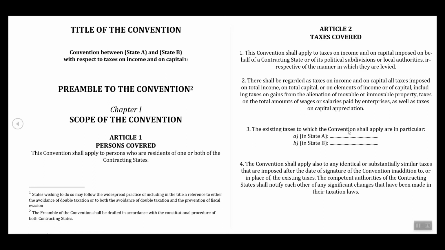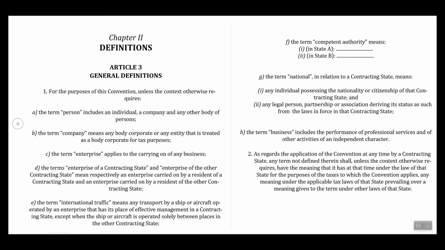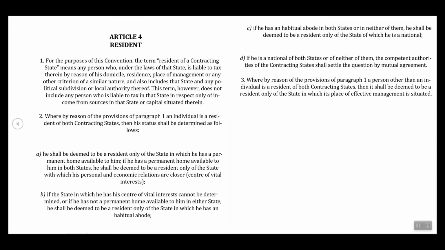So let us have a look at the OECD Model Convention, scope of the convention, preamble. That's not our stuff. Article 1, 2, 3, general definitions. 4, resident. 4.1, for the purposes of this convention. You remember that only when it comes to reading that convention, we agree on what resident means, nothing else.